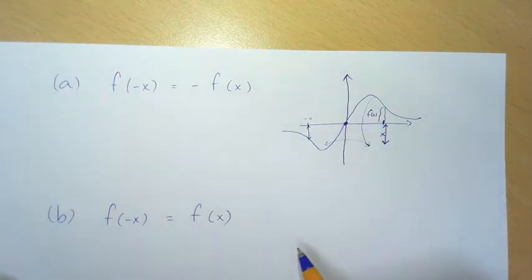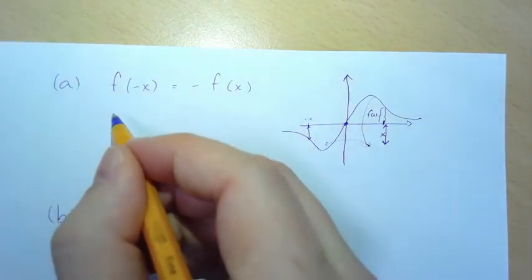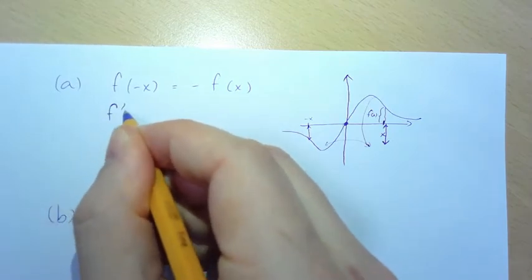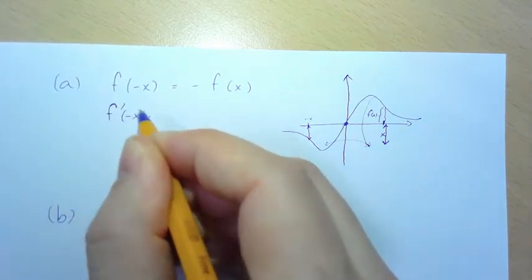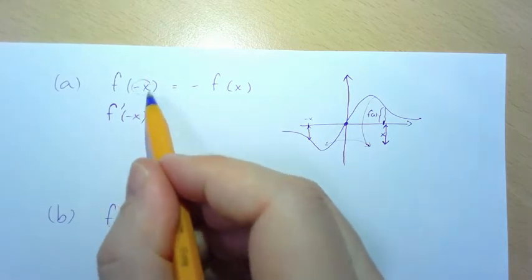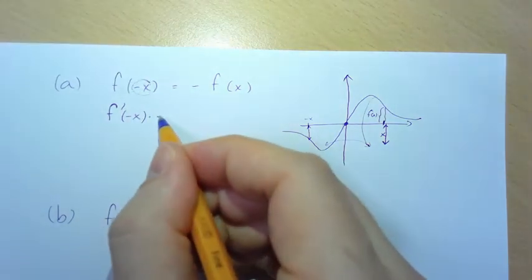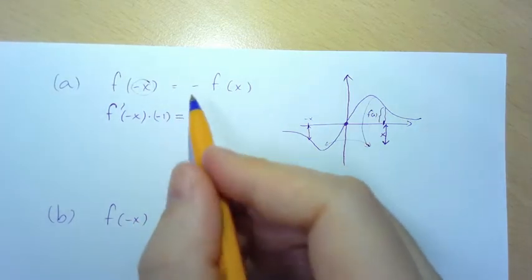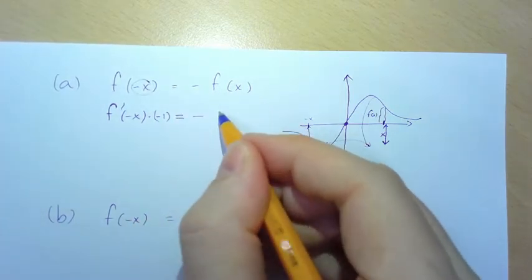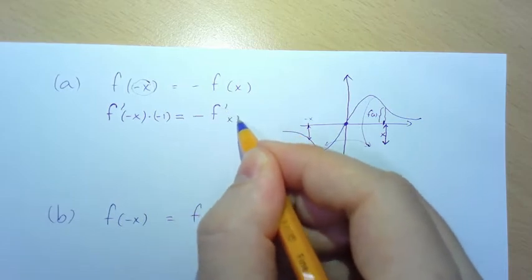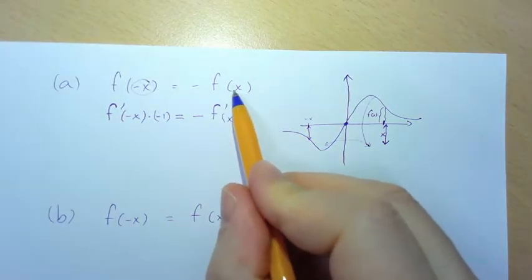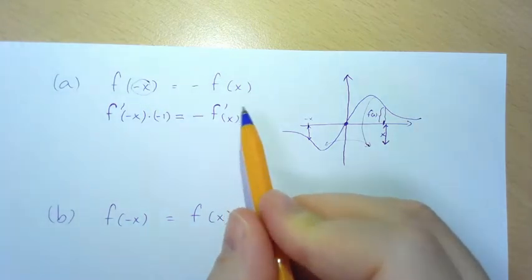Okay, so if I take the derivative of f of -x, it's in fact a chain rule. The derivative of f is f prime, and then I have to multiply by the inside derivative, which is -1. On the other side of the equality, the derivative of f of x is f prime of x. If you want, you can multiply by the inside derivative, but the inside derivative is just 1.